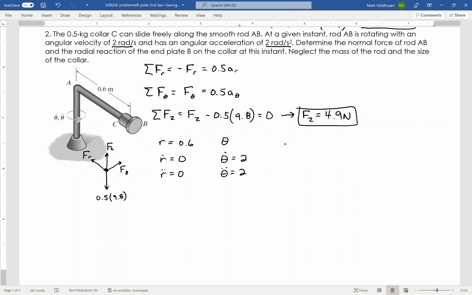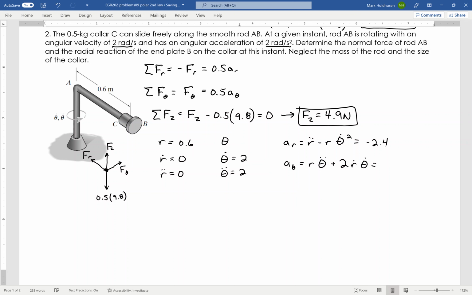Okay, so from that I can find that a_r is r double dot minus r theta dot squared. Plugging in those values, I get negative 2.4. Do the same thing with a_theta, which is r theta double dot plus 2 r dot theta dot. Plugging in the values that I have there, I get 1.6.